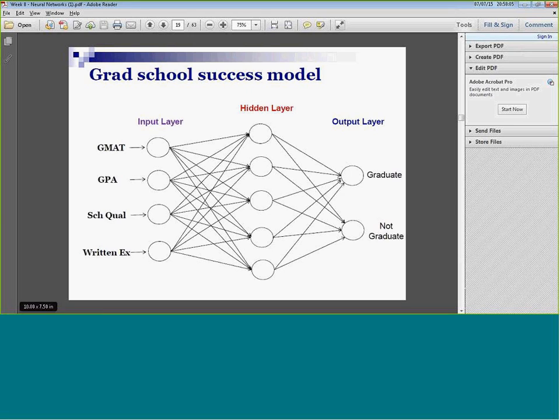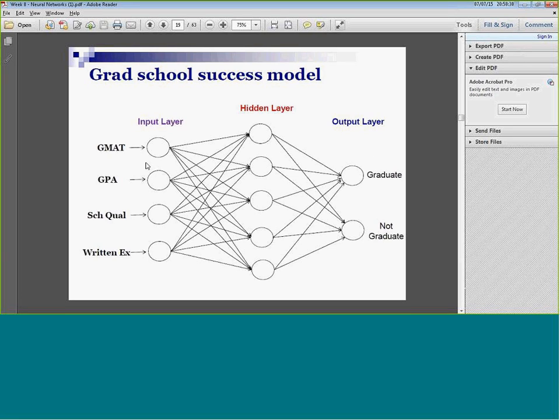So we only have 4 inputs, and we're going to try to predict whether the student will or won't graduate. Again, we're using past data, so we know the answer, just like we do with all predictive models. We're trying to get a model that will allow us, when a student walks into the office who we don't have an answer on, to advise that student whether or not we think they'll make it.